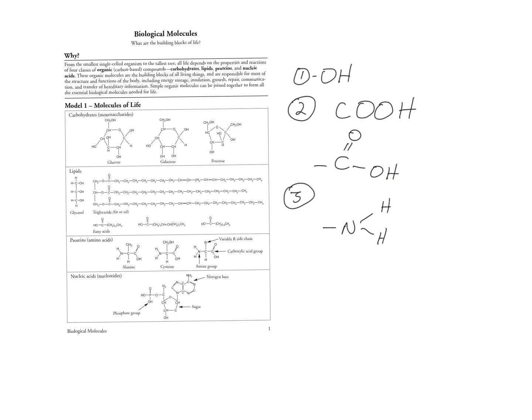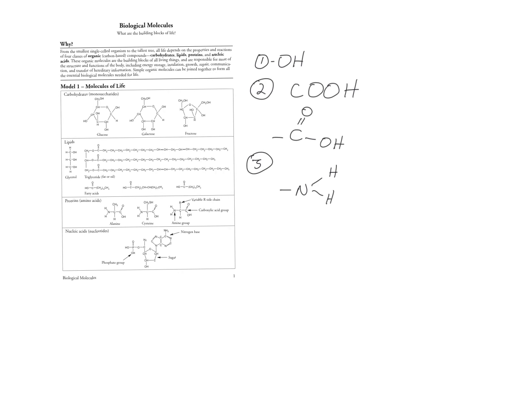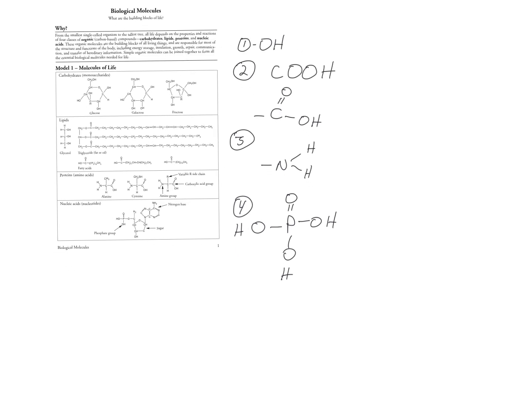The fourth is a phosphate group, with a P with an oxygen connected to hydroxide, connected to hydroxide, connected to hydroxide. And the fifth is a sulfhydryl group, which is basically just a sulfur and a hydrogen connected to each other.